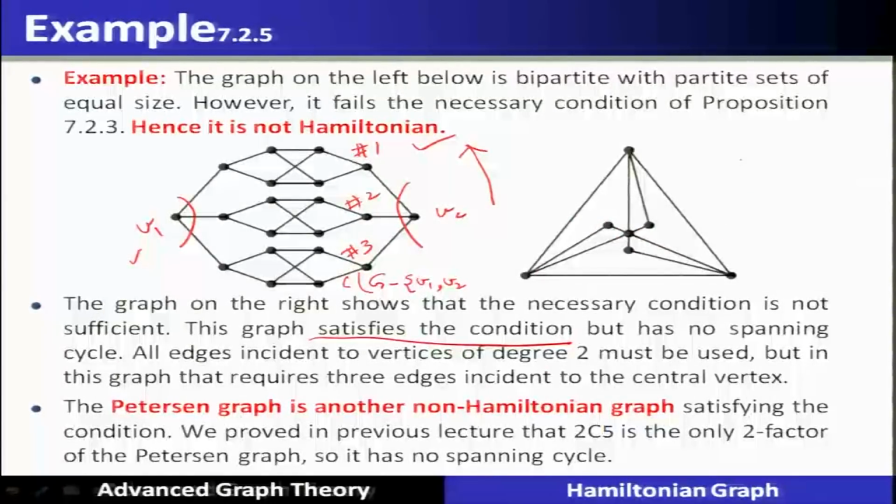So it satisfies the condition, but the other question is whether it has a spanning cycle. We will show that this necessary condition is not sufficient for the graph to have a Hamiltonian cycle. Let us search by walking along the graph edges to find a spanning cycle.